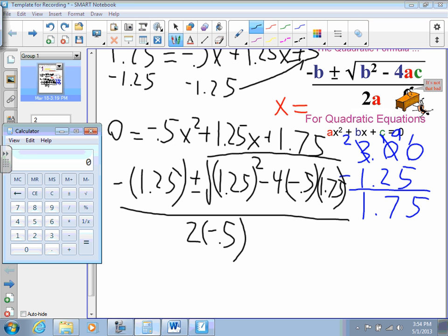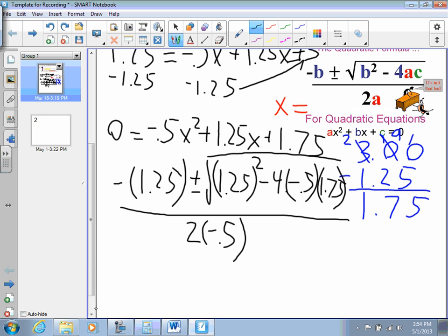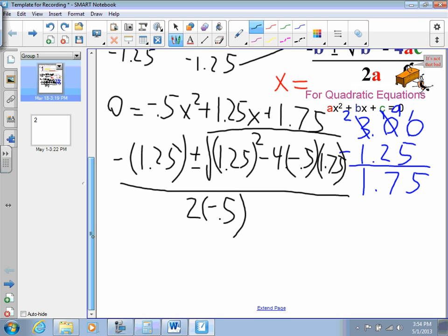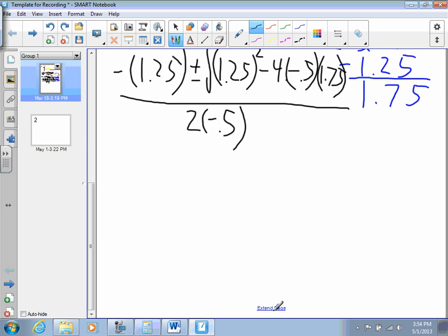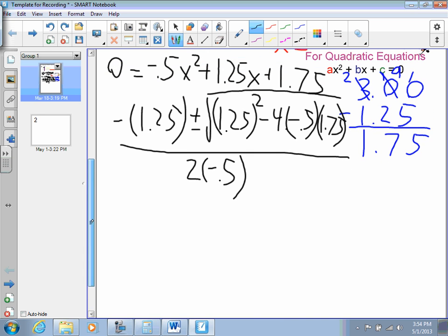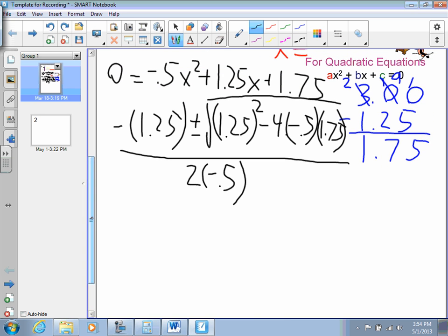So first of all, to simplify this, let's deal with what's inside of the parentheses first. And let me move this on down some and extend the page so I've got room to work. So first part, let's go ahead and combine those.